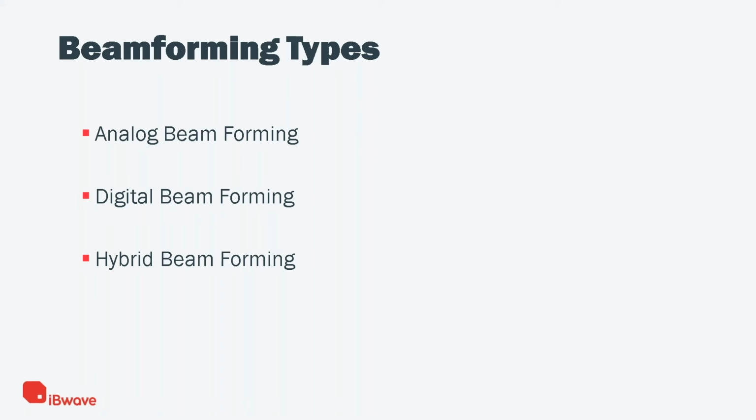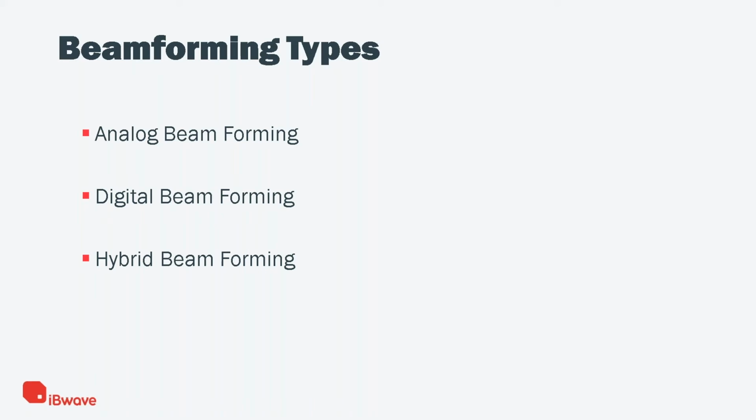The first one: if you apply all these weighting factors in the analog domain, or the RF domain, this is what is called analog beamforming. However, because you have this part of digital signal processing, you can also implement all these weighting factors on the signal in the digital domain. In this case, you will have what is called digital beamforming.